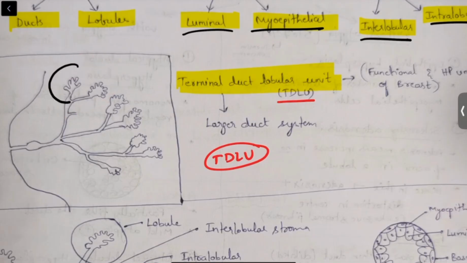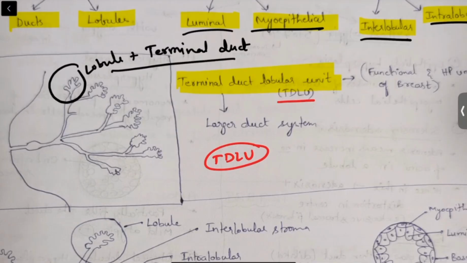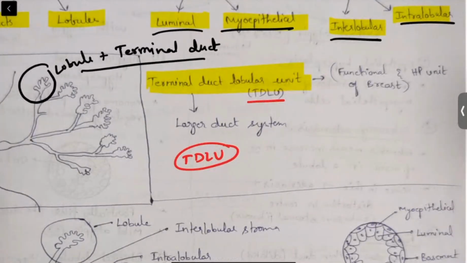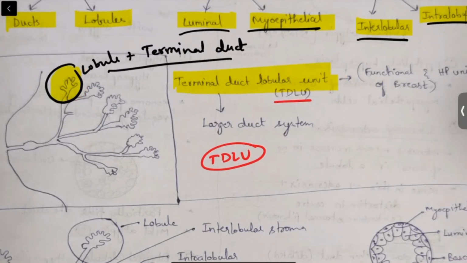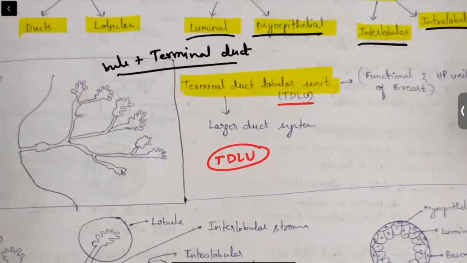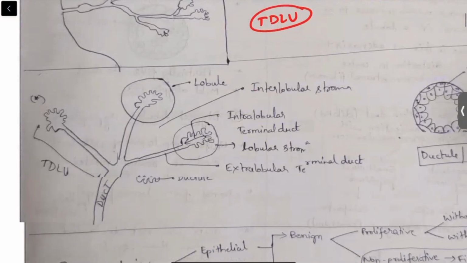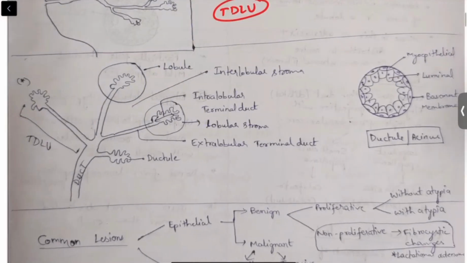So this lobule plus duct, that is lobule plus terminal duct, is the structural and functional part of the breast. Okay, histologically also. So knowing this is very important because this is the site where everything starts, where every carcinoma starts. After this, this is again in detail about the anatomy.